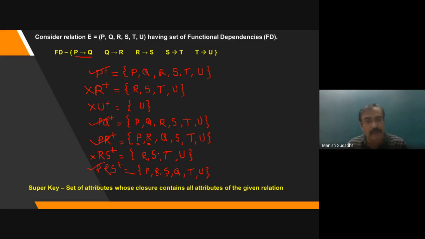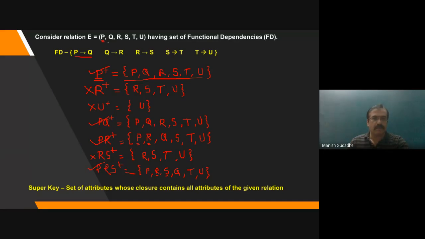So in this way, if I am just considering P as constant, because that is the only attribute which is able to address all the other attributes, Q, R, S, T, U can be addressed by P.